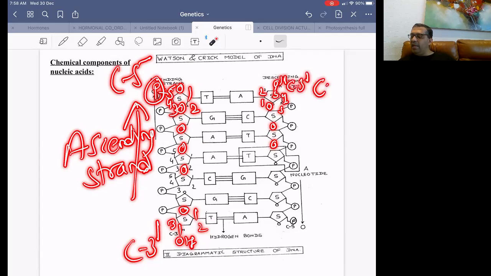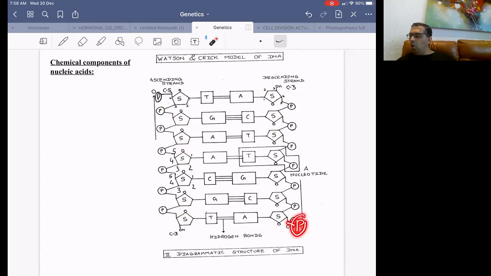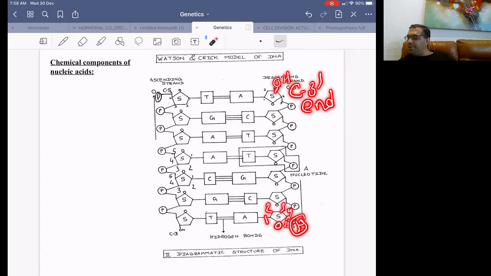So the C3 end is above, and we have O, C1, C2, C3, C4, C5, and the phosphate present below. So the C5 end is below.